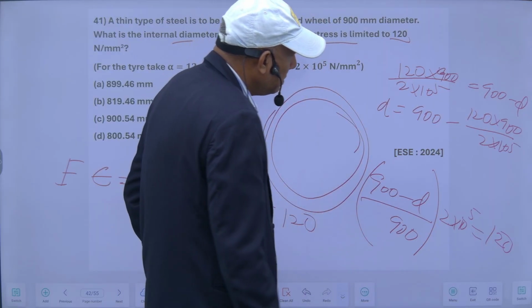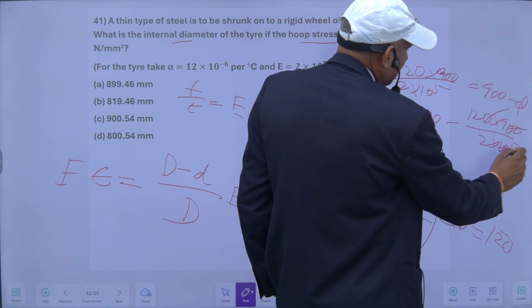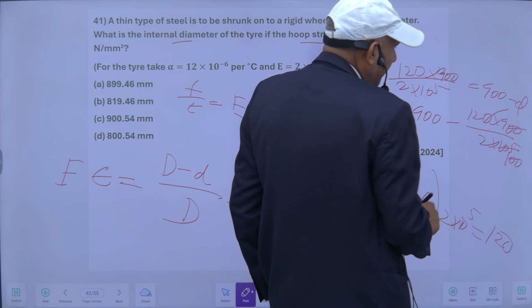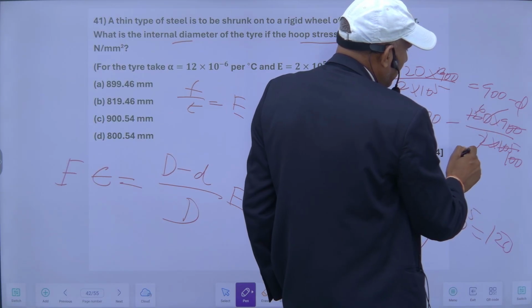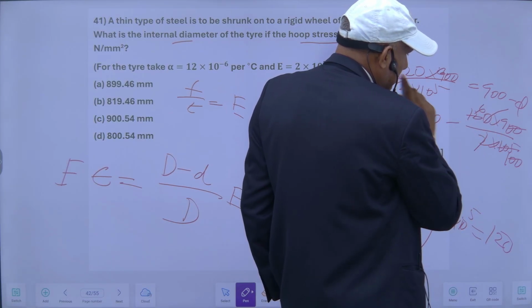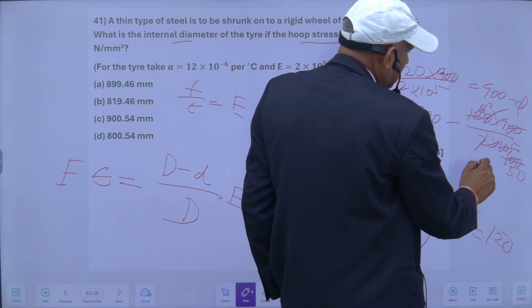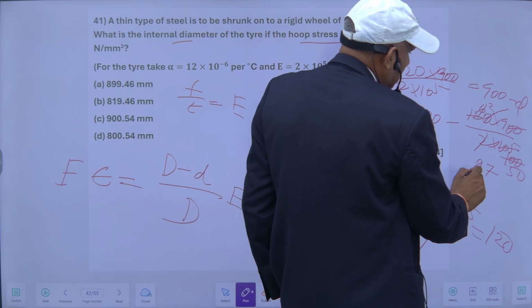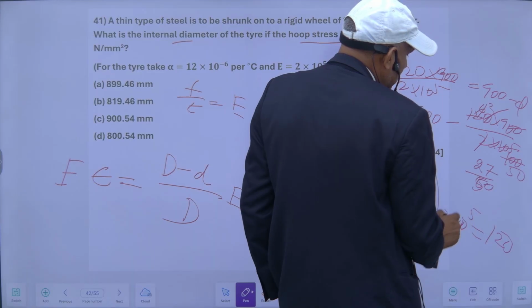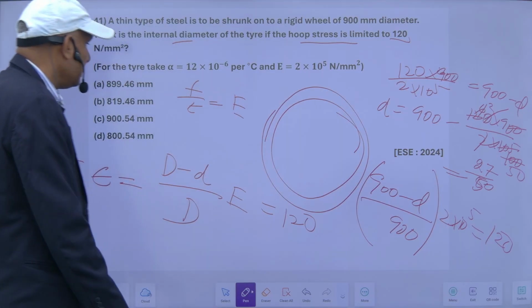So its value will come out from this one.